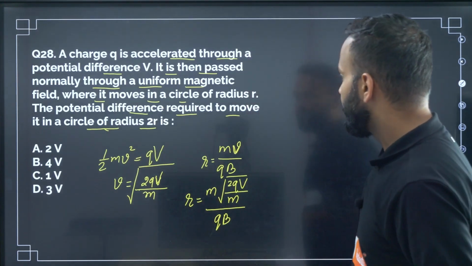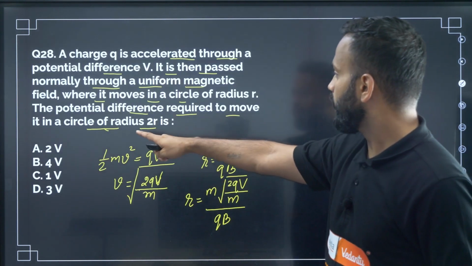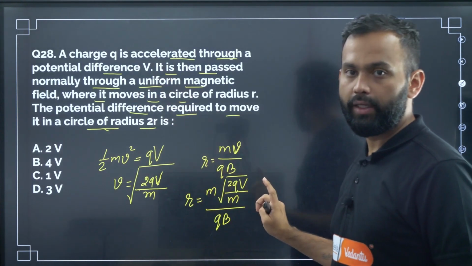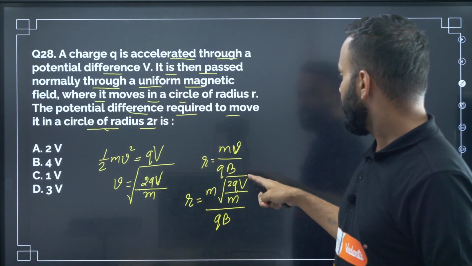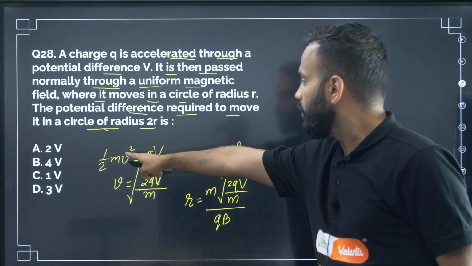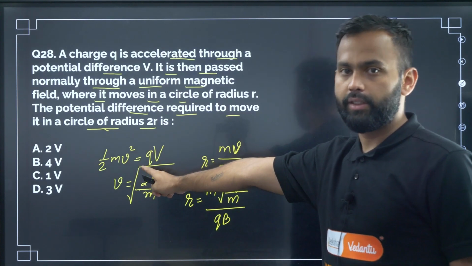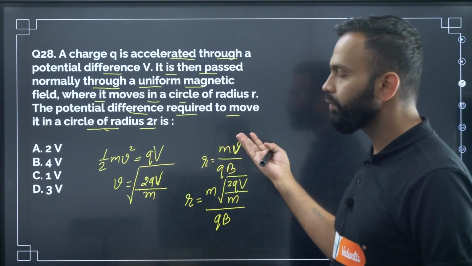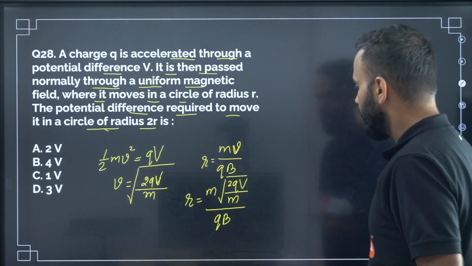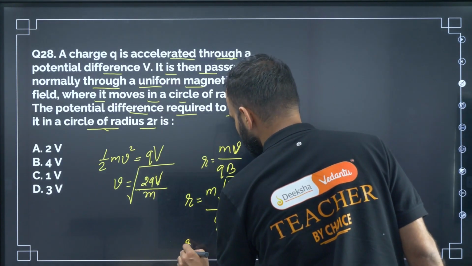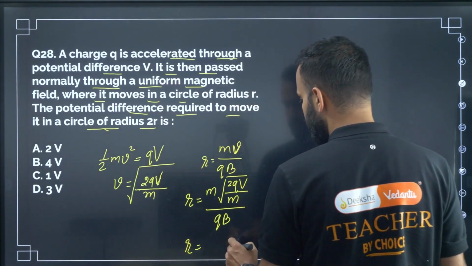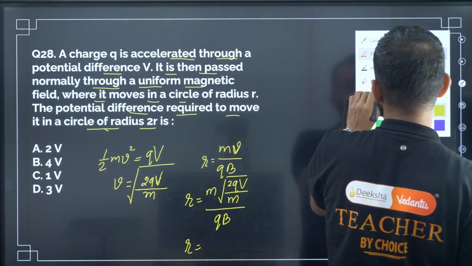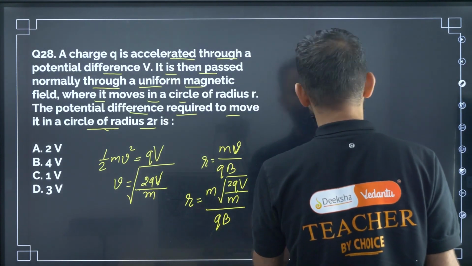So we need to find the potential difference required to move the charged particle in a circle of radius 2r. When we change the potential difference, the velocity of the particle changes. The magnetic field is the same, the charge of the particle is the same, and the mass of the particle is also the same.